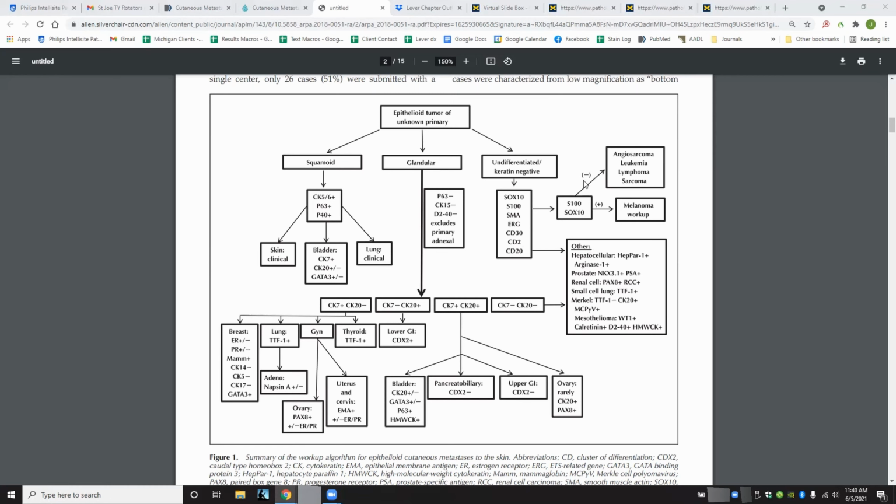So if your S100 and SOX10 are positive, then melanoma. S100, again, is usually not lost unless the tumor is very, very poorly differentiated. And then angiosarcoma, leukemia, sarcomas kind of follow down this S100 negative, SOX10 negative pathway.